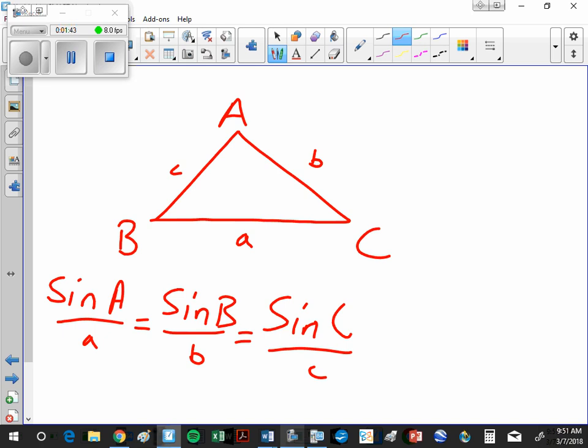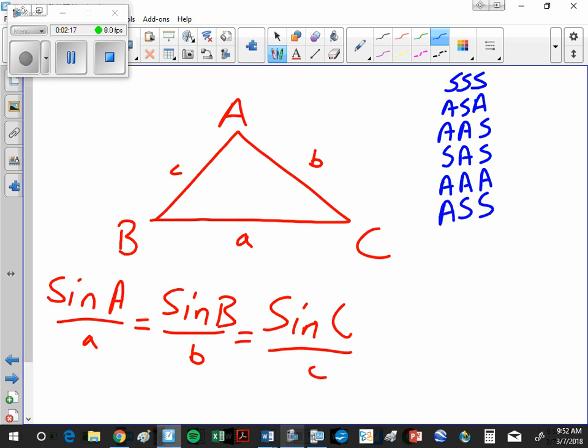So we need to talk about what information I can give you so that you can solve the entire triangle. Okay? And back in your geometry stuff from the past, we have names of triangles like side, side, side, angle, side, angle, angle, angle, side, side, angle, side, angle, angle, angle, and angle, side, side is our favorite one.